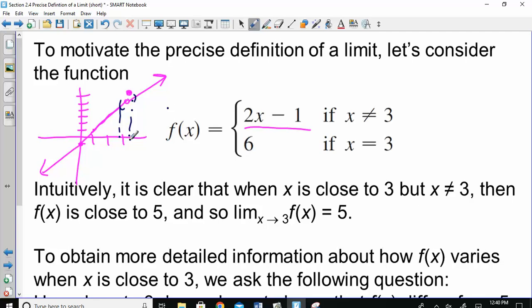And we know that in order for this board to work, it has to be this close to the real length. And if it's further than that, it's not going to work at all. So we have to make sure our machine is calibrated a certain way to guarantee that my end result falls within the acceptable window. Okay, does that make sense? So that's kind of what the precise definition of a limit is.